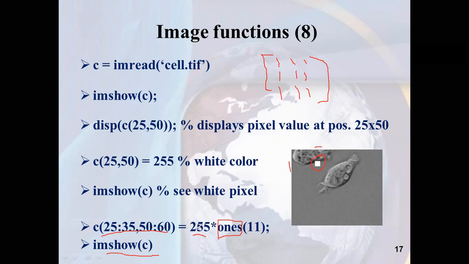Of course, if you multiply by 0 rather than 255, this block will become black. You can do this using MATLAB. After showing this white block, you can use C(25:35,50:60) equals 0 times ones(11). In this case, all the elements become 0. And when you write imshow, this block will become black.